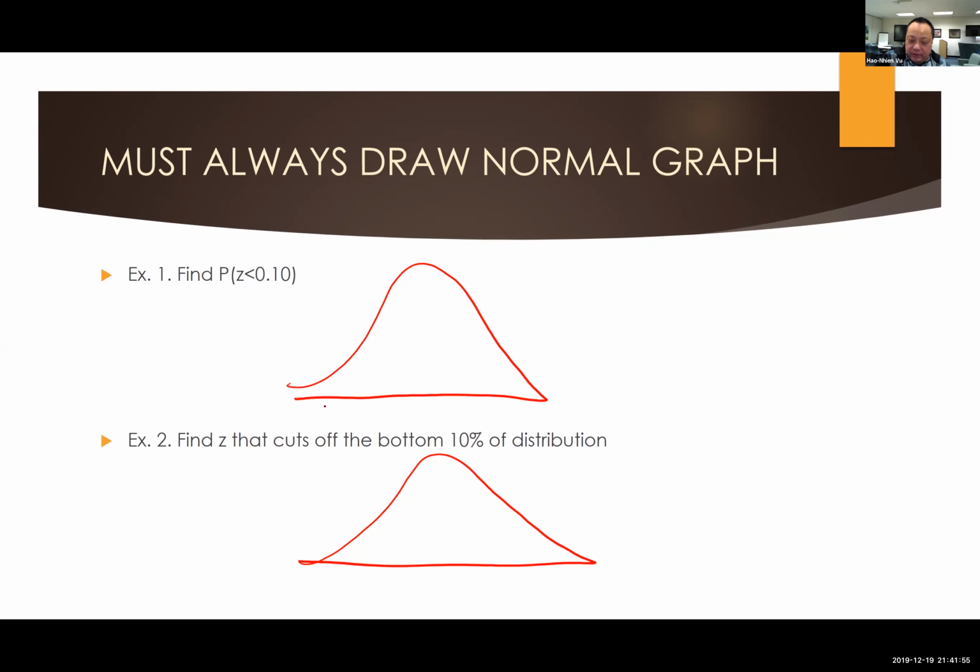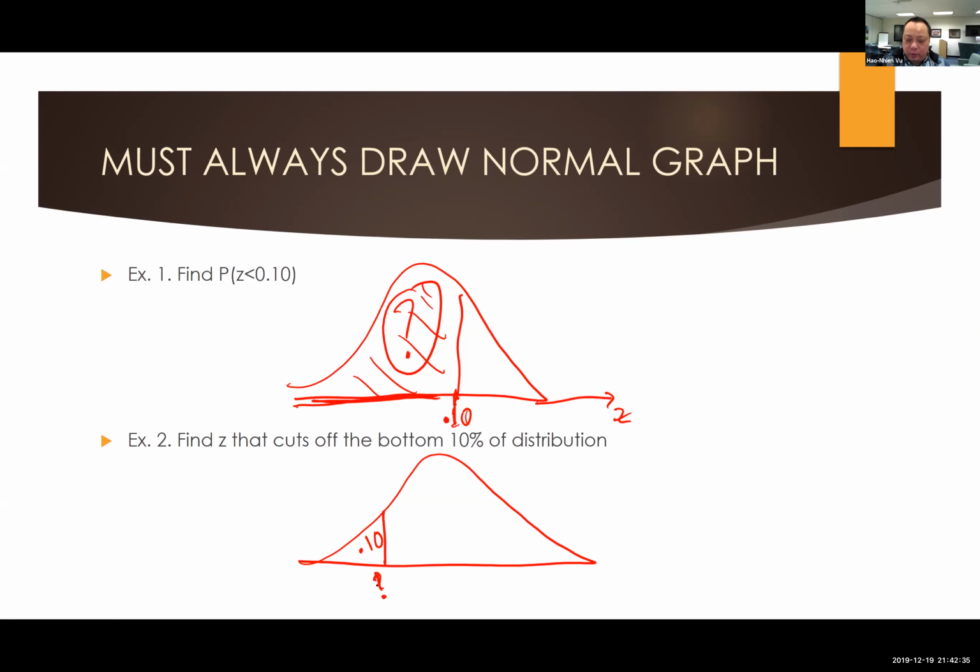Z is on the axis. So there's something about 0.10, and z is supposed to be less than that. So 0.10 would be on the axis, and we're looking for area. Whereas in example 2, we're asked to find the z that cuts off the bottom 10% of the distribution. So the 10% would be in the area somewhere, and we're asked to find the z that cuts it off.